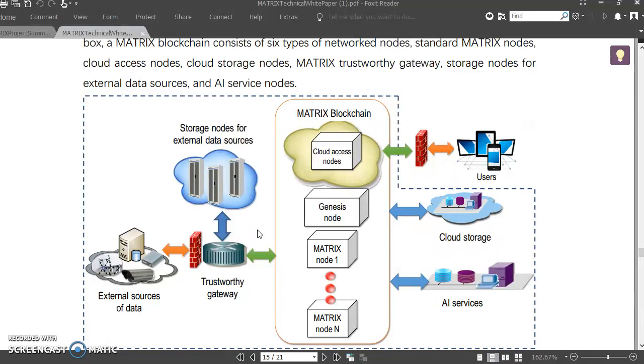Then another thing is the seamless integration of external private chains or whatsoever into a common public chain. That is only possible using a trustworthy gateway. We're talking about external sources of data that they want to bring into the system. How would that be possible?